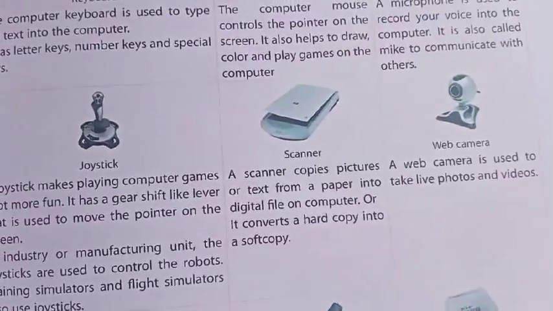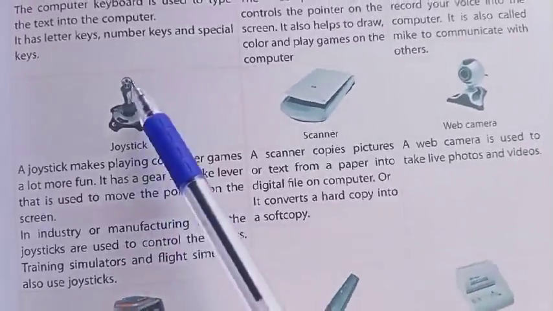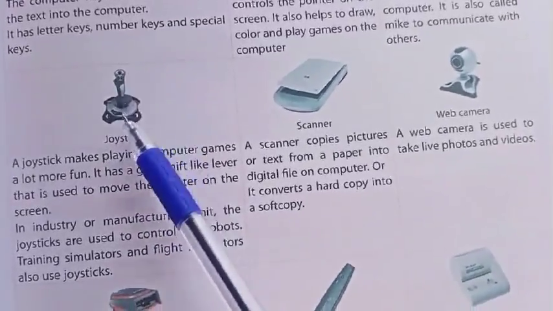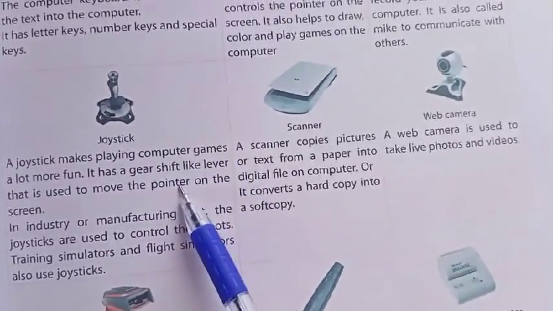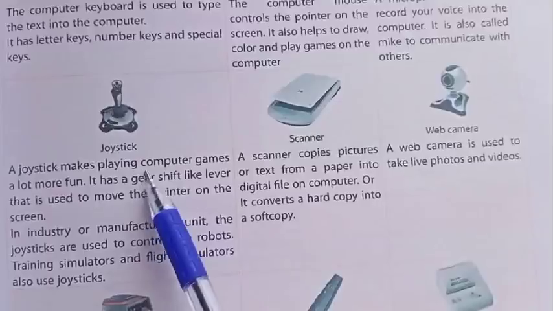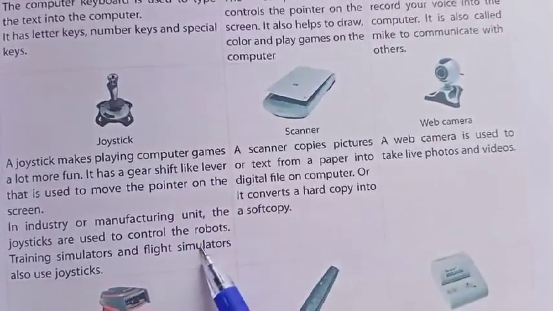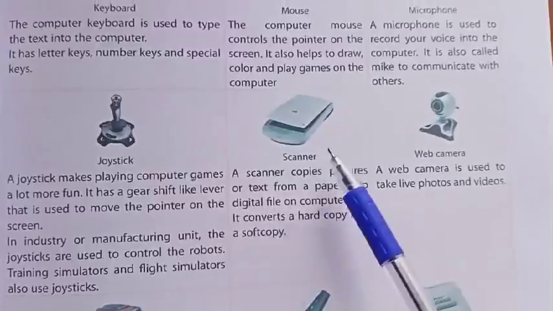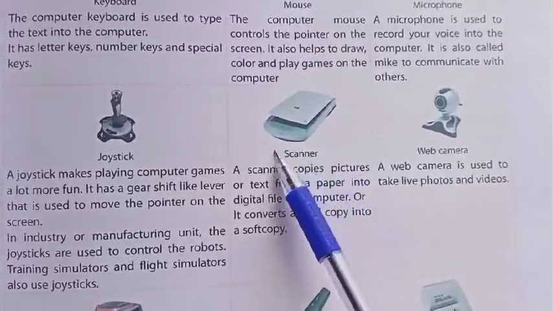Moving ahead, we have yet another input device, that is the joystick. It just looks like the gear of a car. Joystick is used to move the pointer on the screen, and basically used for playing computer games and as flight simulators. Then we have another input device, that is a scanner.